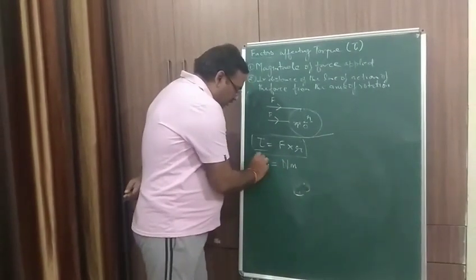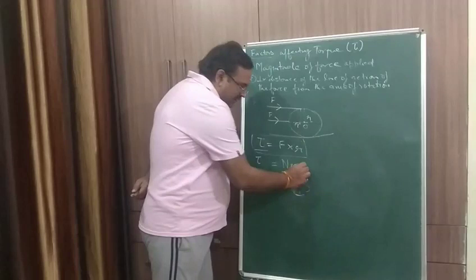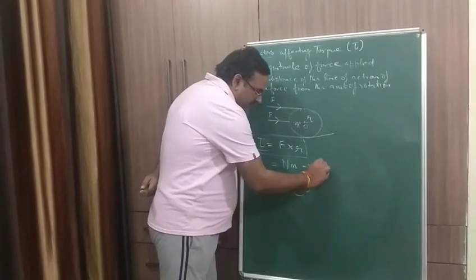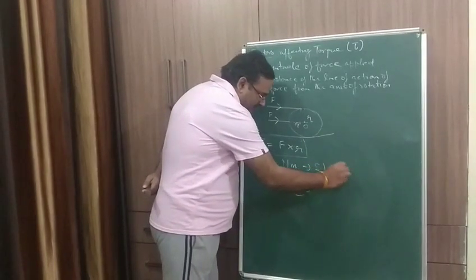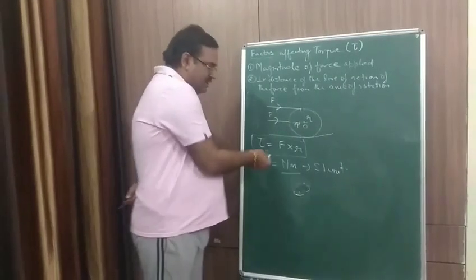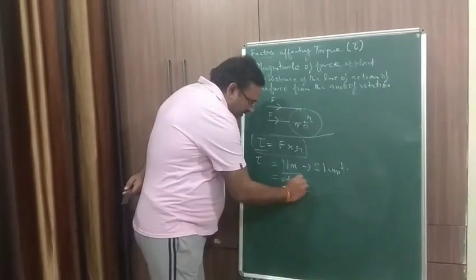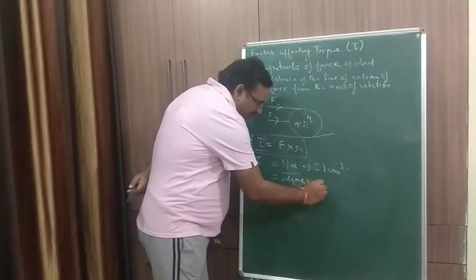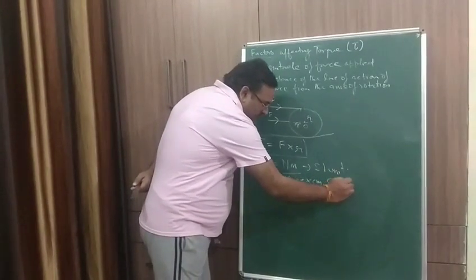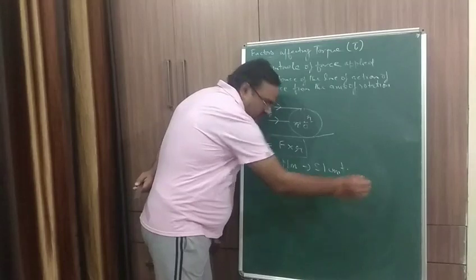So, the SI unit of tau is Newton into meter. This is the SI unit. And in the CGS system, force is measured in dyne, so the CGS unit is dyne into centimeter.